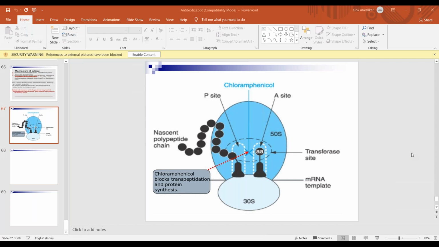Okay. So with this, we complete the topic of antibiotics. What you need to do now on your own is the drug clindamycin. Do the structure of clindamycin. It is very similar to lincomycin. Lincomycin is a class of antibiotics actually. So in the class of lincomycin, we have the example of clindamycin.